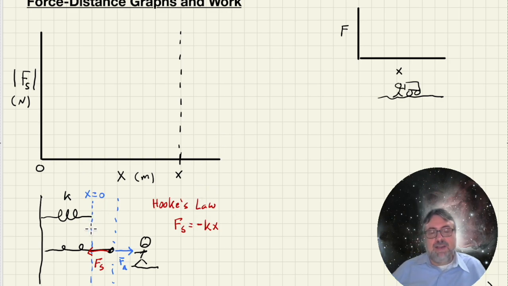So if I don't pull on the spring at all, then the spring will have no force. As I pull more and more to the right, the size of the force of the spring will get larger and larger. So if I graph that, it's going to look like this.